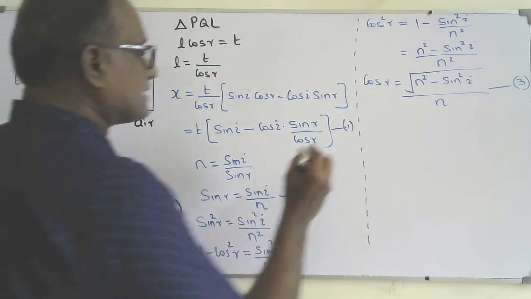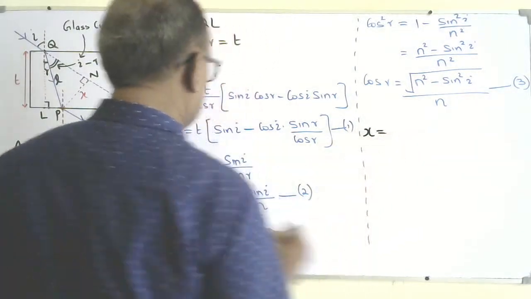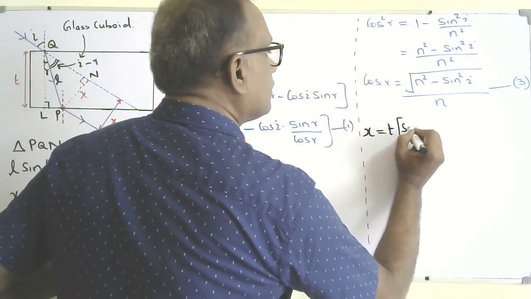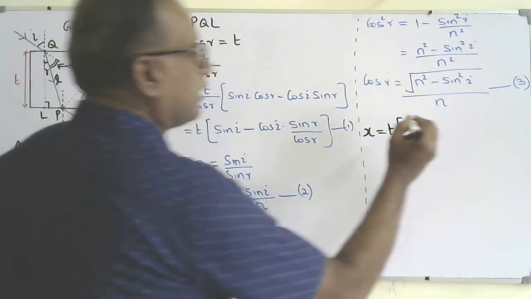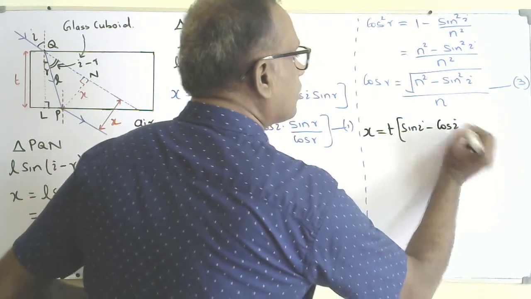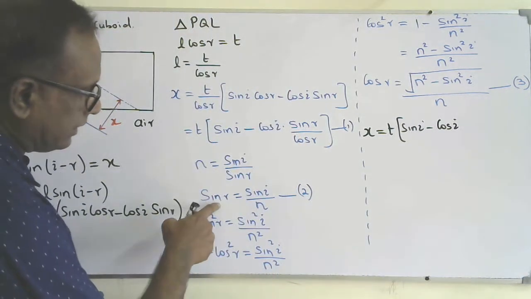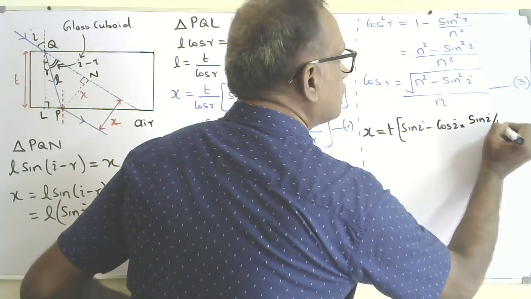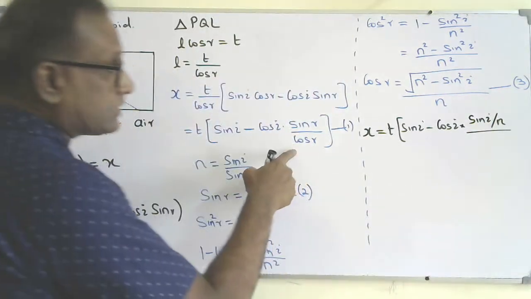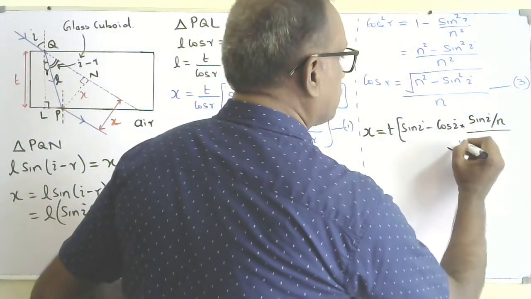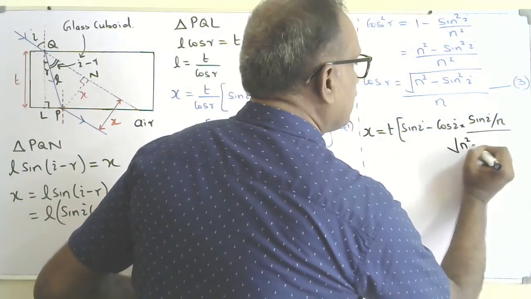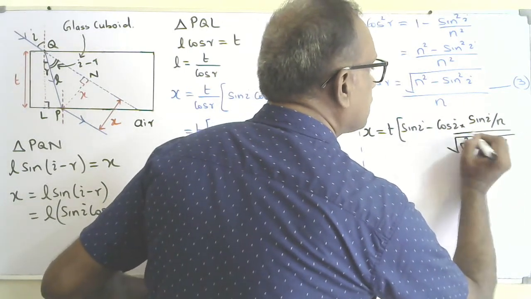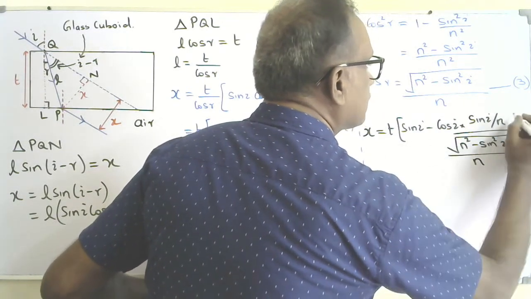So you can say x equal t sin i minus cos i sin r. sin r you can replace with sin i over n, divided by cos r. Replace this one, square root of n squared minus sin squared i over n.